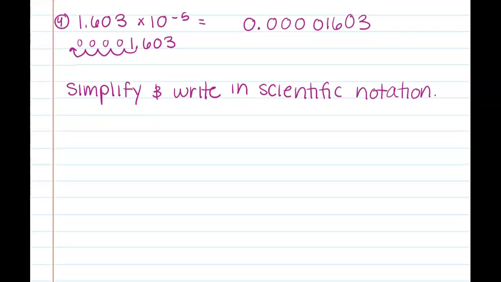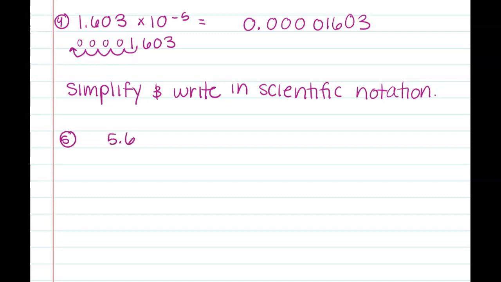For example, maybe we have, and by maybe I mean we do, because that's what we're writing, 5.6 times 10 to the negative 4th over 3.8 times 10 to the negative 2nd.